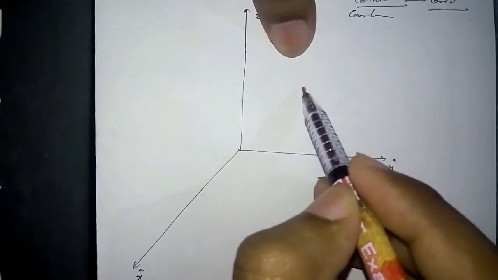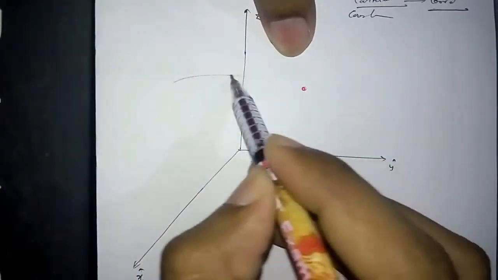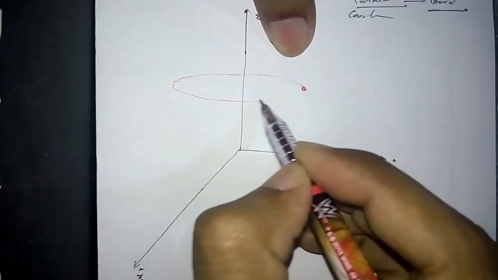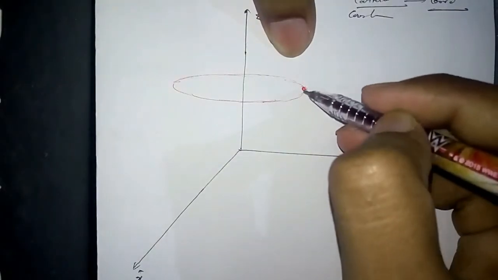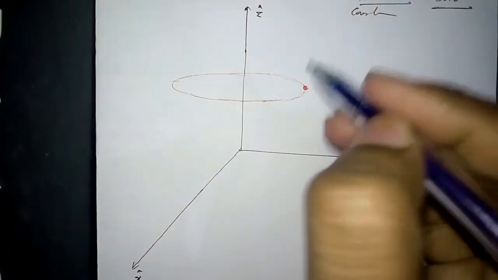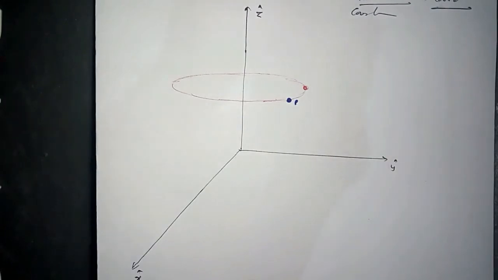So in cylindrical coordinate we have it like, okay, let's say this point is not here, this point is here. Okay, this is the point P which we have to analyze.